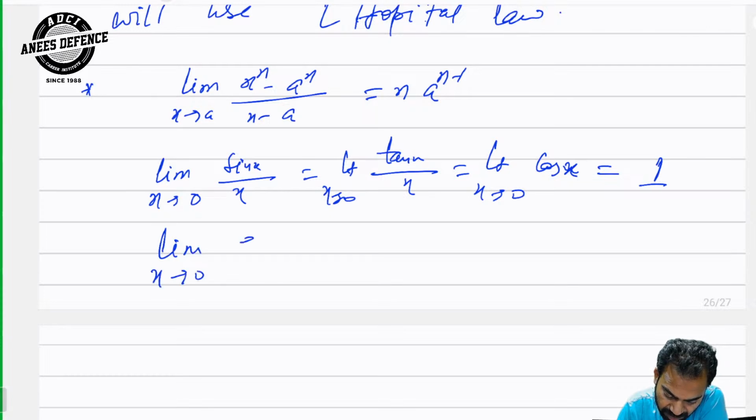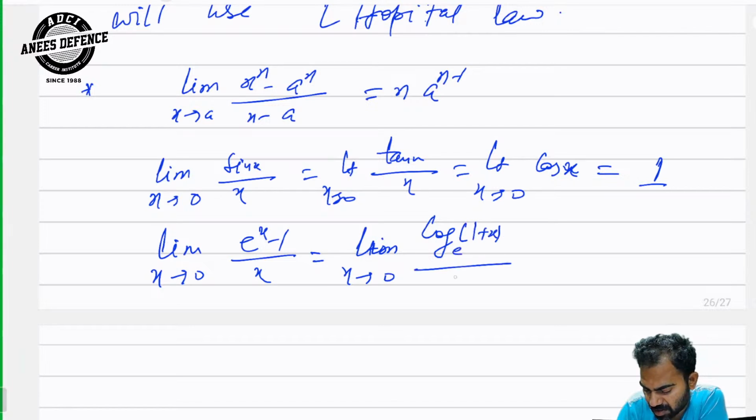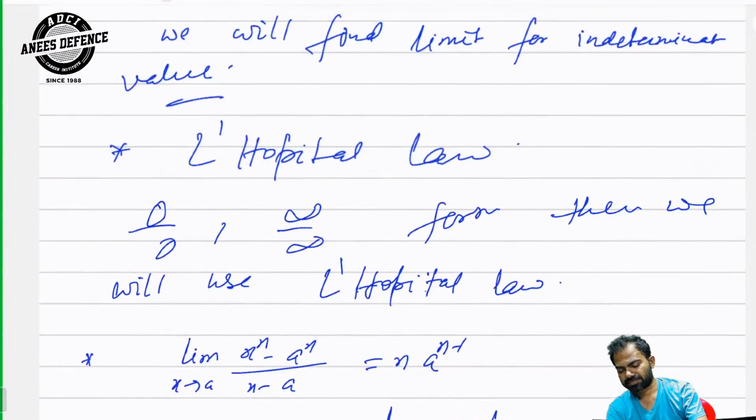Limit x tends to 0, tan x upon x equals 1. Limit x tends to 0, e to the x minus 1 upon x equals 1. Limit x tends to 0, log of 1 plus x, base e, upon x equals 1. So write these things.